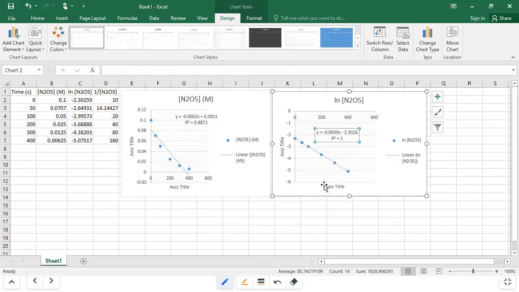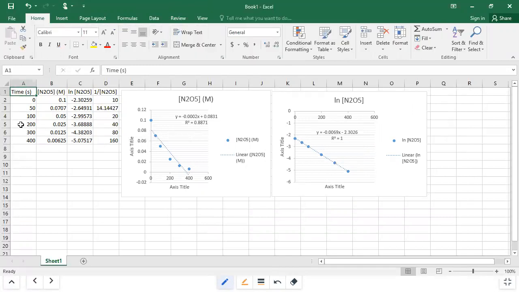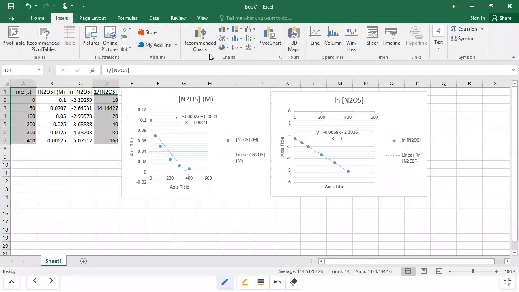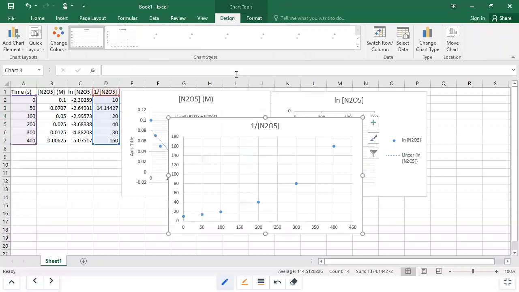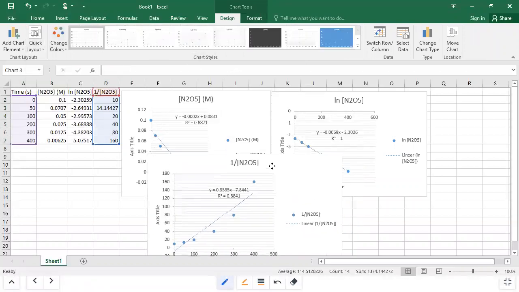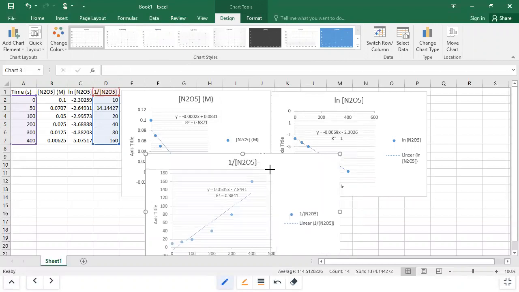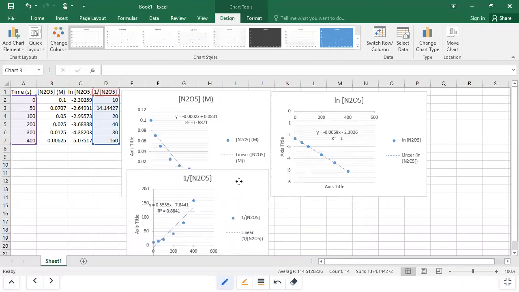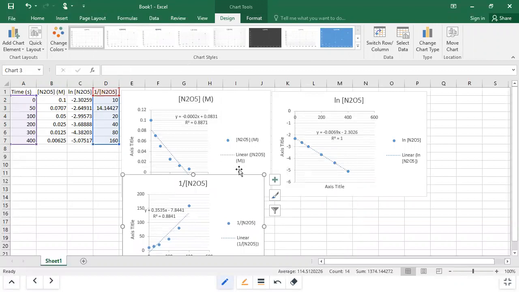For the sake of completion, we'll go ahead and make the second order plot here as well. Scatter plot, layout number 9. And not surprisingly, you can see this one's very curved. R squared is actually worse.